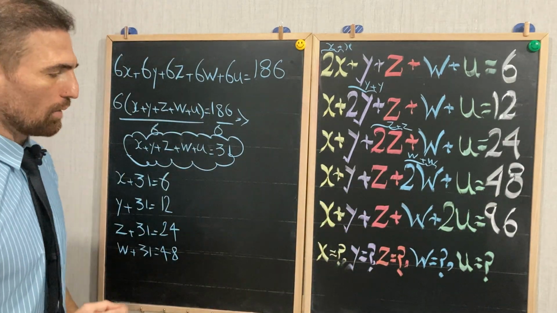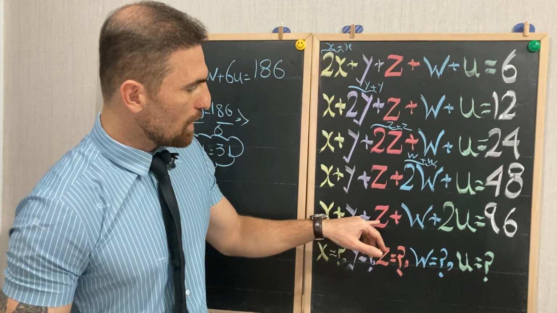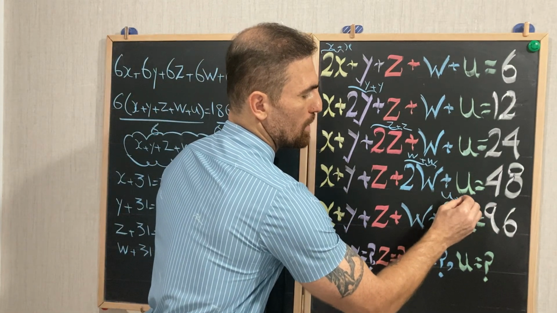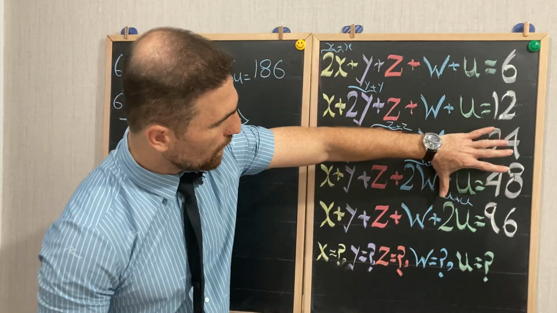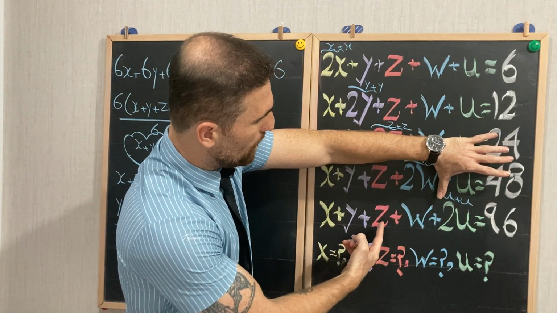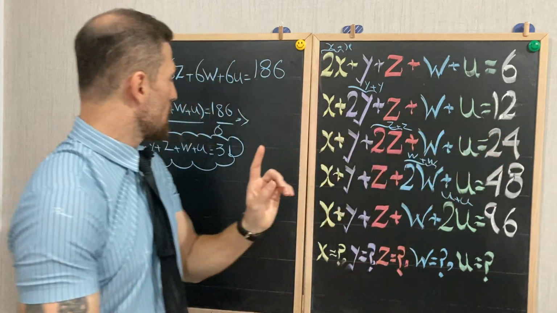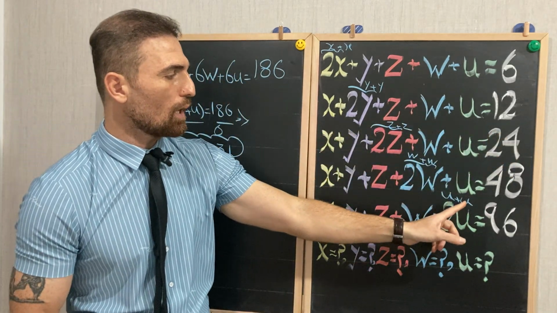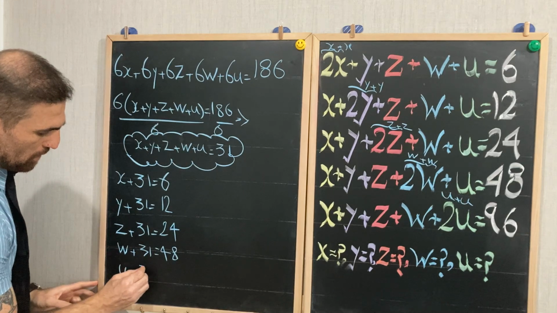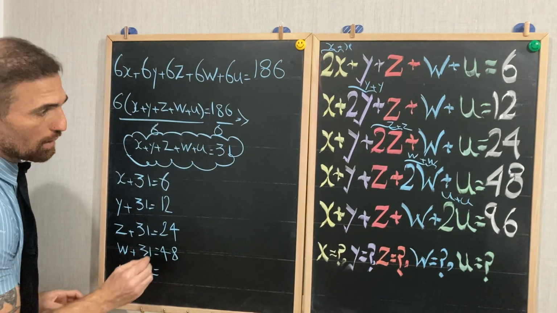And the last one, x plus y plus z plus w plus 2u. 2u equals u plus u. Let me hide one of them. The sum of x plus y plus z plus w plus u equals 31. So I can write u plus 31 equals 96.